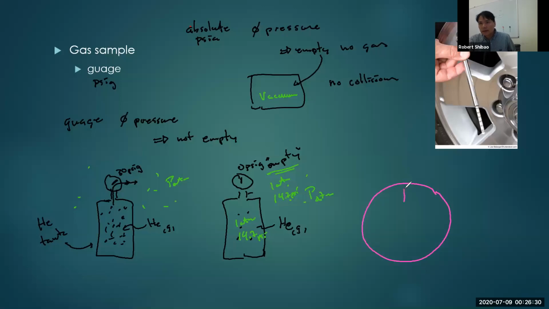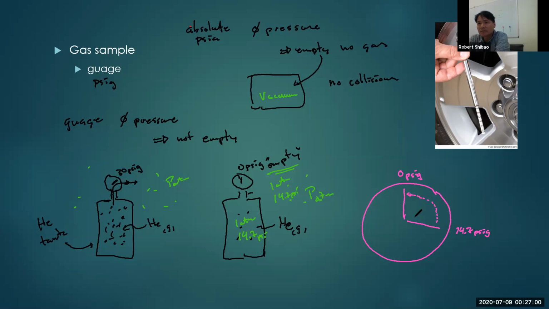So if the gauge is reading 0 PSIG, then let's go to maybe 14.7 PSIG here. Okay. And so this is 14.7 PSIG, and then we let the gauge go to 0. Then the tank is empty.